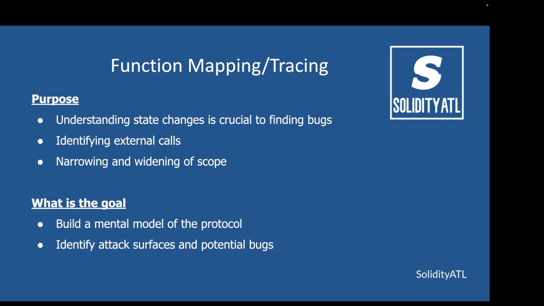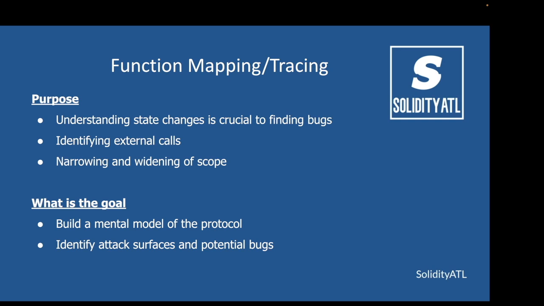Say you're only trying to map a single function, or you want to map an entire user flow. So say someone is depositing funds into a pool and then receiving some rewards, and then staking those rewards for some other thing. So being able to narrow in your scope on like a single function versus an entire user flow is a very helpful skill.